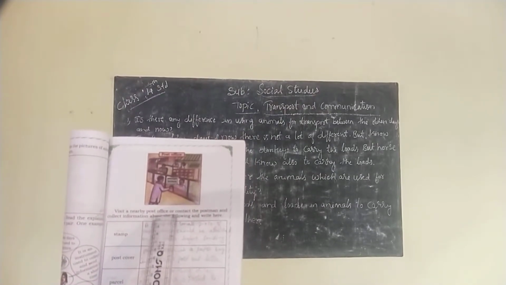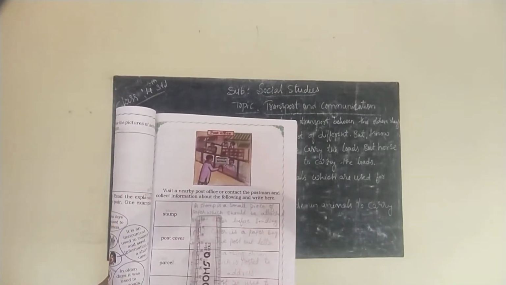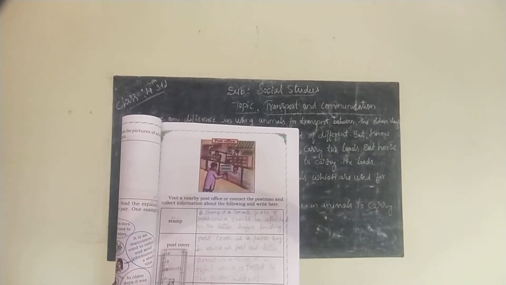Here, post office. Visit a nearby post office or contact the postman and collect information about the following and write here. Stamp. What is a stamp? A stamp is a small piece of paper which should be attached to the letter before sending. Post cover. What is a post cover? A post cover is a paper bag in which we post a letter.